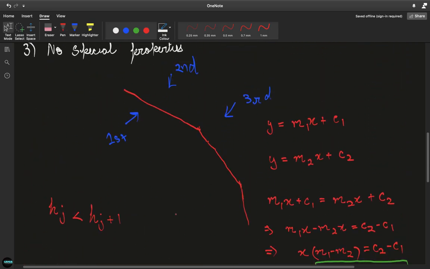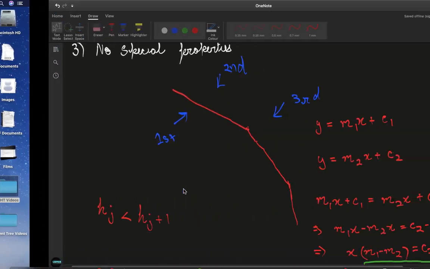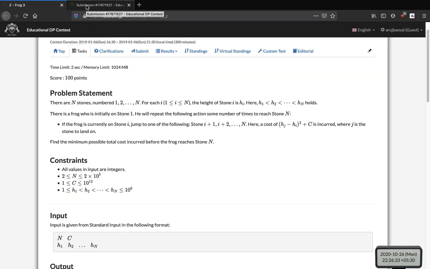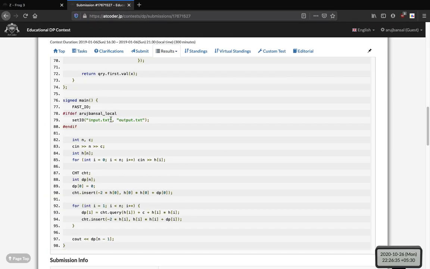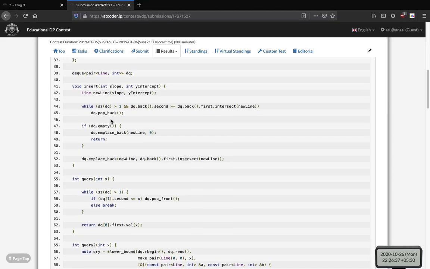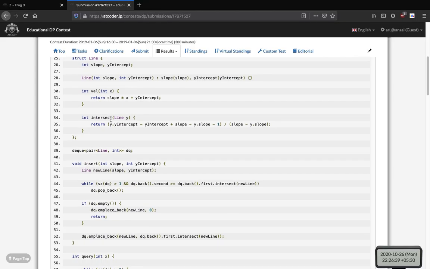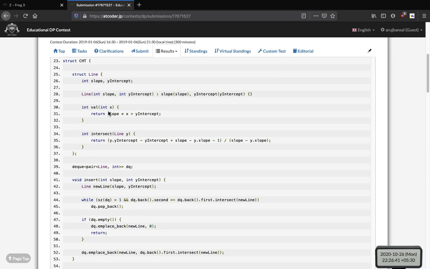So now let's actually look at some code to understand what I mean here. I've basically made this struct in C++. This one stores information about a line, which is the slope and the y-intercept. This is just a constructor. This val function just returns the y value if we give it some x value for this particular line.